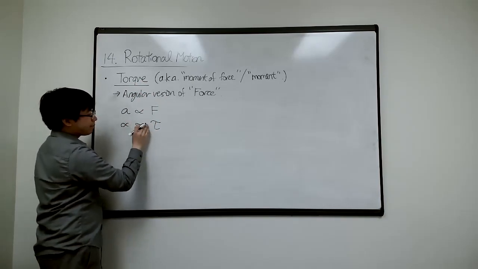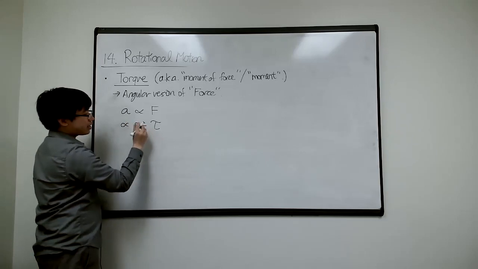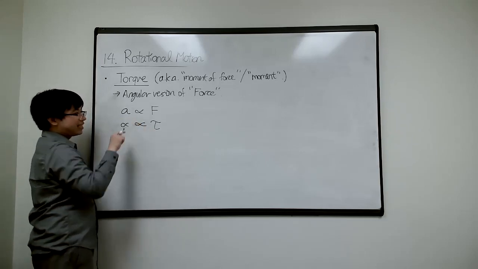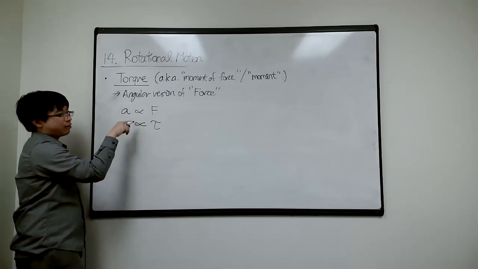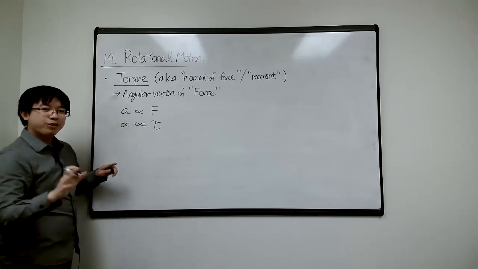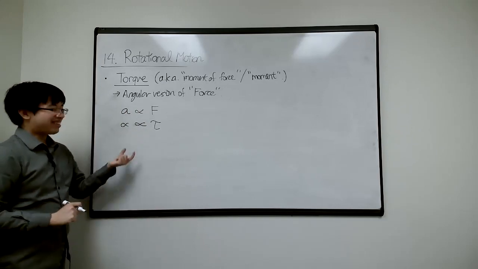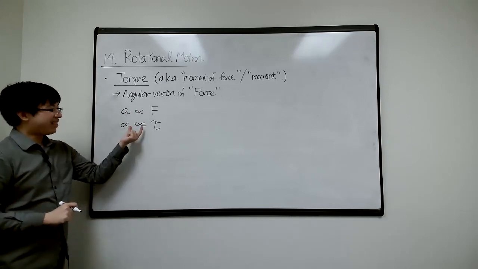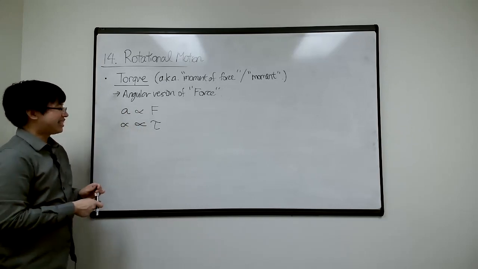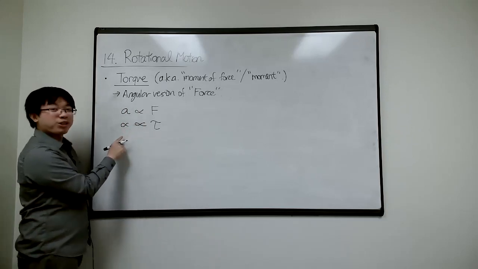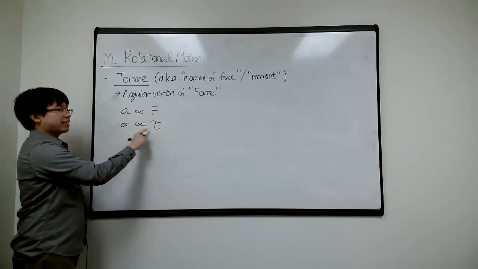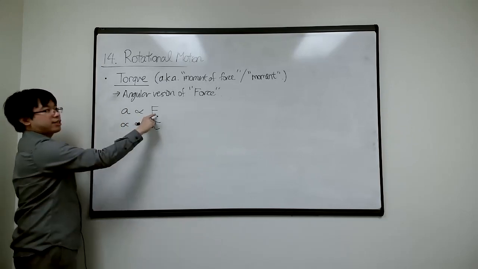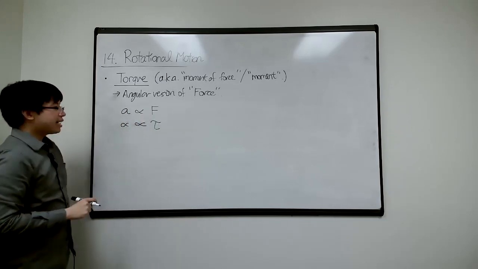The proportional symbol is a little bit thinner than the alpha, more round, like a curly A. You can Google what that is and look at a textbook for better images than this. Anyway, tau is proportional to alpha, the angular acceleration, right? So torque is what should cause angular acceleration, just as force causes acceleration.